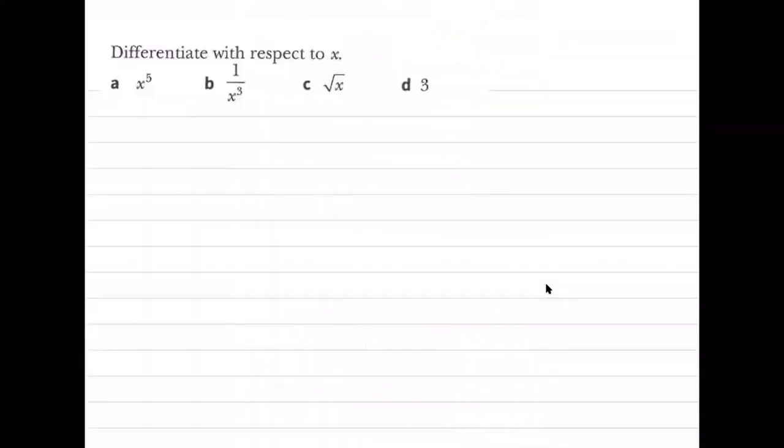Okay, let's try these questions out. I want you to try them on your own. Your marks won't be deducted, but instead of writing dy by dx, since we don't know that x to the power of 5 is equal to y, it's advisable that you write differentiation of x to the power of 5.